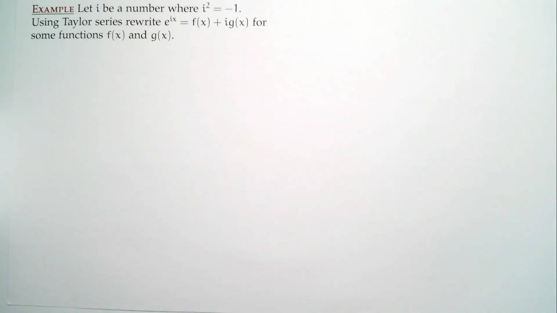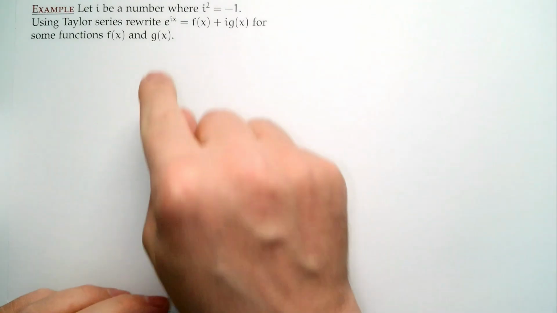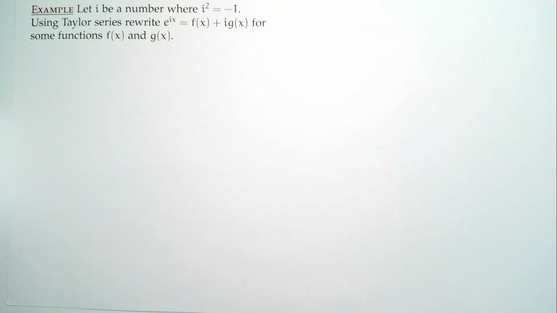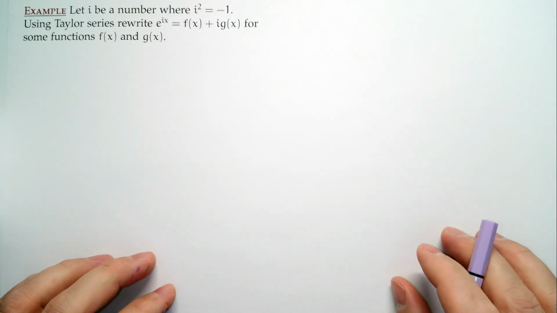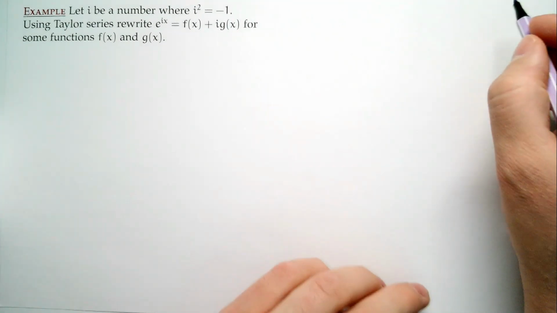What we want to do is use Taylor series to rewrite e to the ix as some function f of x plus some function g of x. Before we get too far along, let's start with some facts about i.